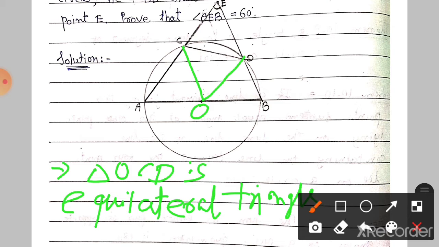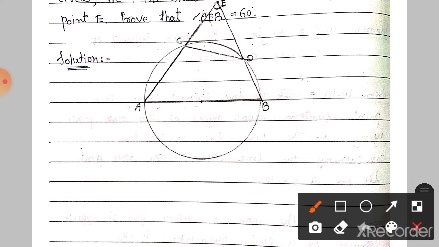How can we say? Because OC is radius, OD is radius, and CD is equal to the length of the radius. So this is our equilateral triangle. So this BC, therefore angle COD is equal to 60 degrees.